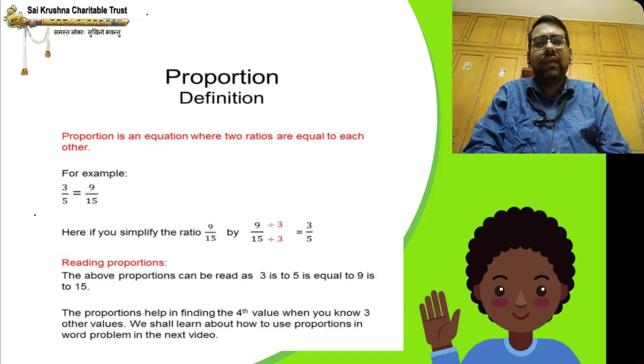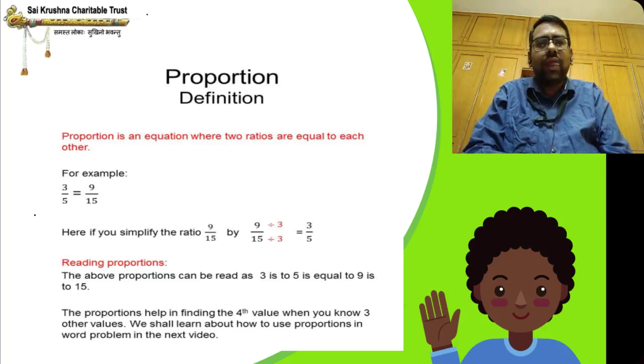So 3 by 5 and 9 by 15 are in proportion. Now if you simplify the ratio 9 by 15, we'll divide both numerator and denominator by 3. Why 3? Because 3 is the HCF of 9 and 15. So we'll get 3 by 5 in the simplest form.